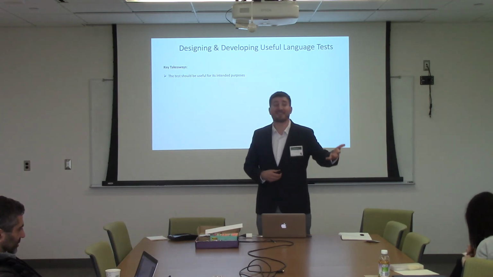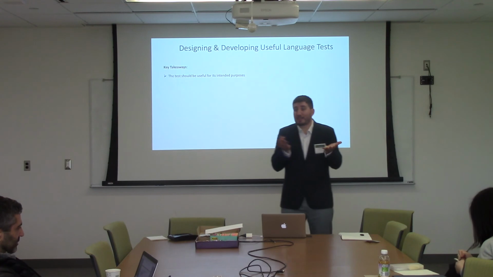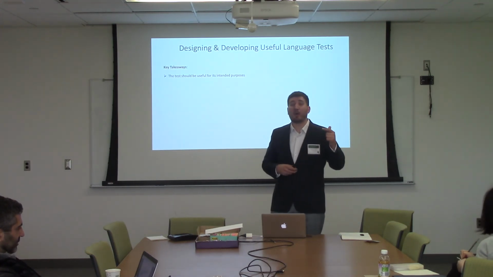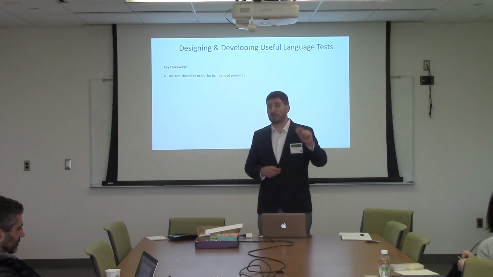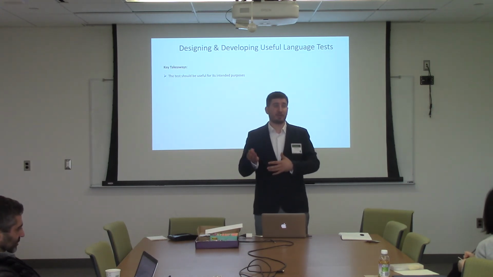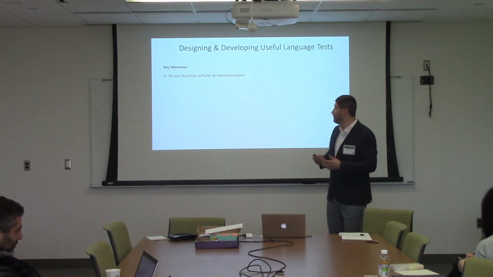You must be doing an achievement test. Okay, that's your purpose. But if your purpose is to see what they can do with the language, then you should be thinking of what kind of test? A proficiency test. So the purpose and the test must align there.